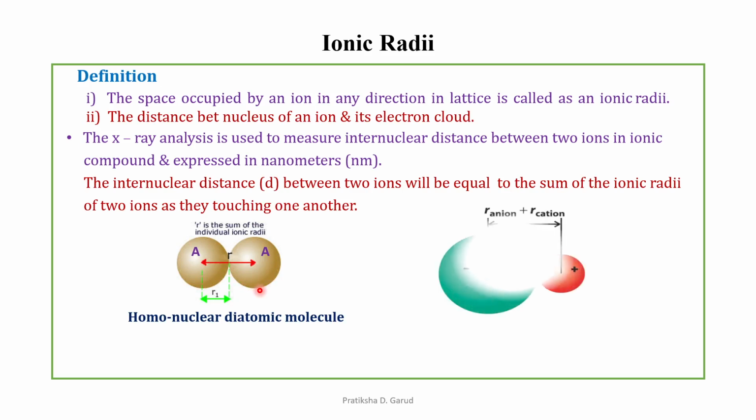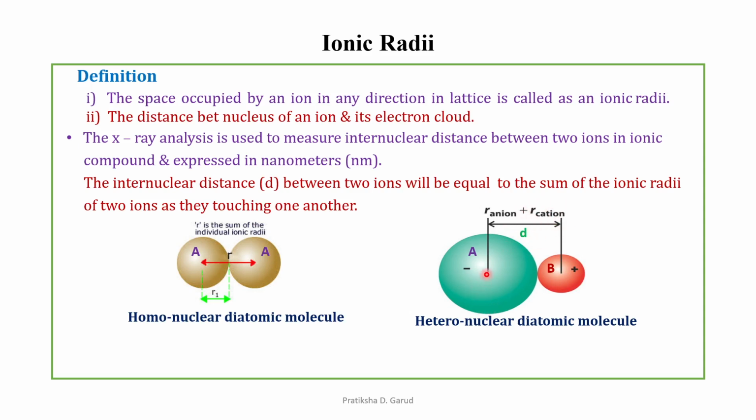Similarly we have the second molecule. This molecule is known as a heteronuclear diatomic molecule. Heteronuclear, why? Because it is formed from two different atoms. Suppose this is A and this is B. We have the cation and the anion. They are touching each other, and D is known as the internuclear distance. What is the internuclear distance? It is the radius of anion plus the radius of cation.